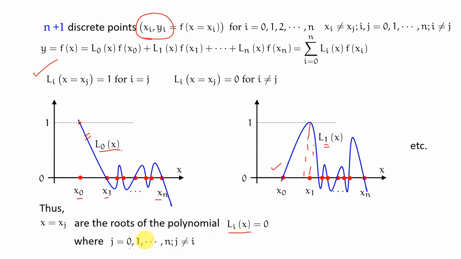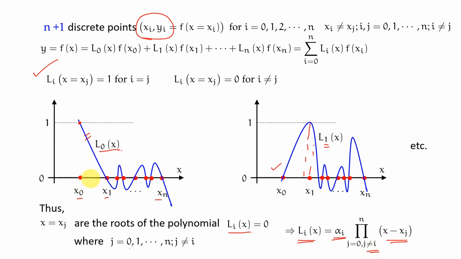We'll only drop that i for which this Li(x) at that particular i point will have one value, but it has roots. Other xi's will be the root of this function. That means the general expression of this Li(x) will be something multiplied to the product of x minus xj, where j is not equal to i.